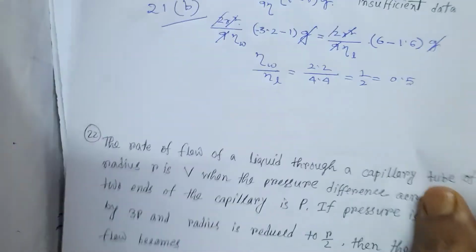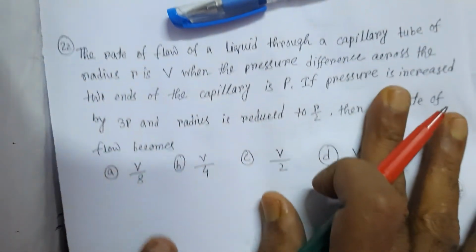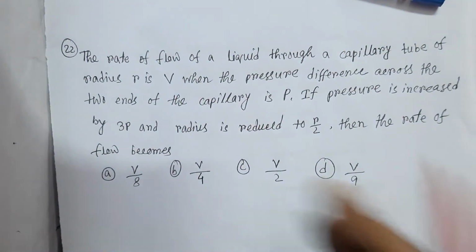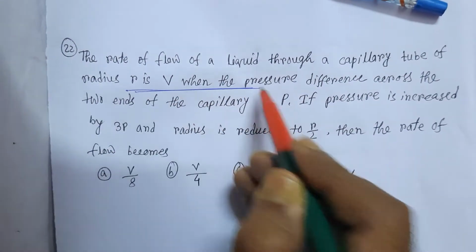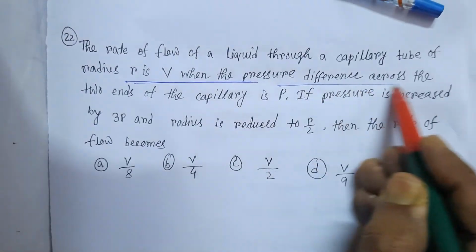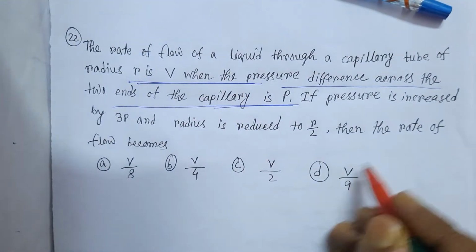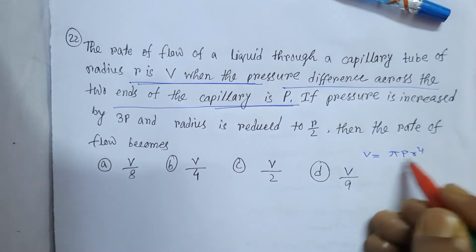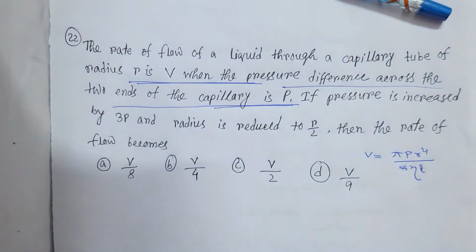Now let us consider the next question, question number 22. We see that the rate of flow of a liquid through a capillary tube of radius r is V, when the pressure difference across the two ends of the capillary is P. So V equals pi P r to the power 4 by 8 eta L, where r is the radius of the tube and L is the length.